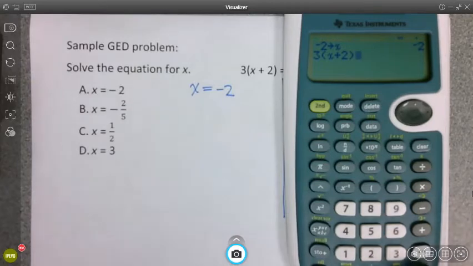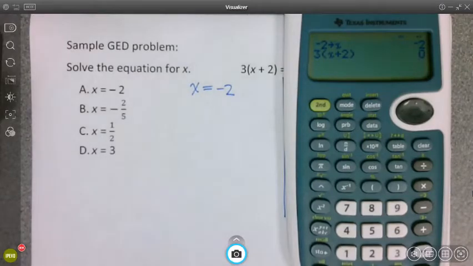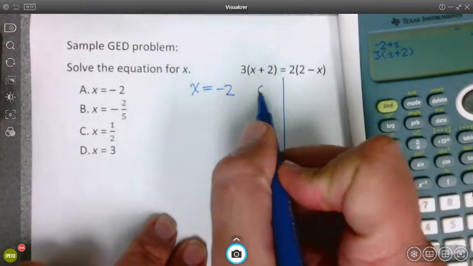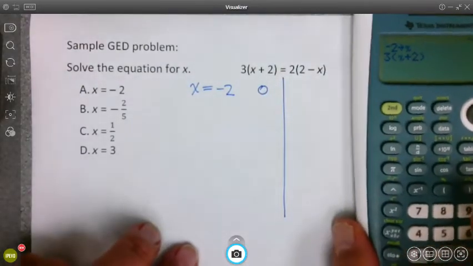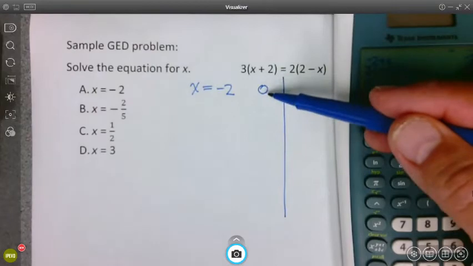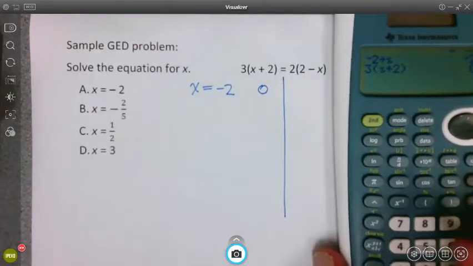When I hit enter, the calculator will find the value for that expression when x is -2, because that's the value we had already stored in the calculator. So when I do that, I get a value of 0. So I'm going to put a 0 right under the left-hand side of the equation. This tells me that this left-hand side is equal to 0 when x is -2.